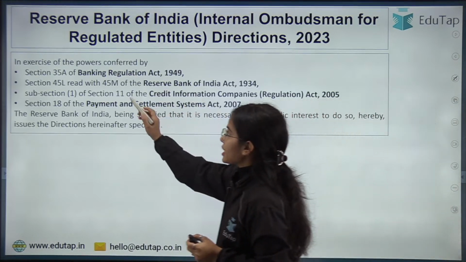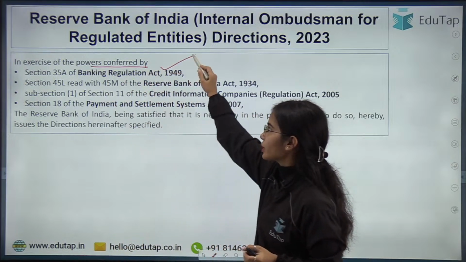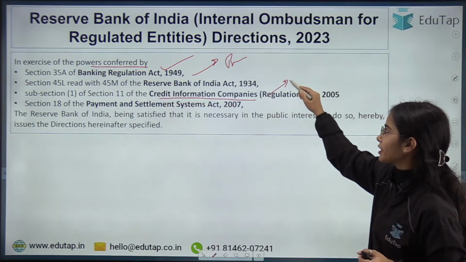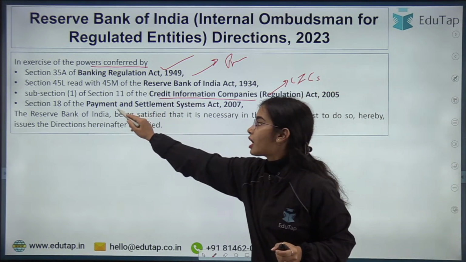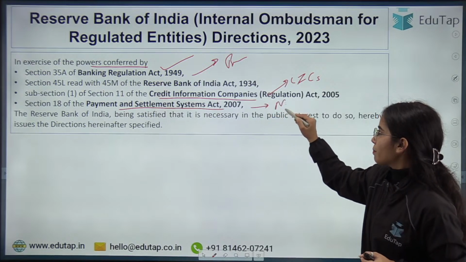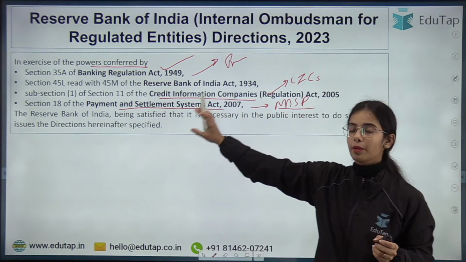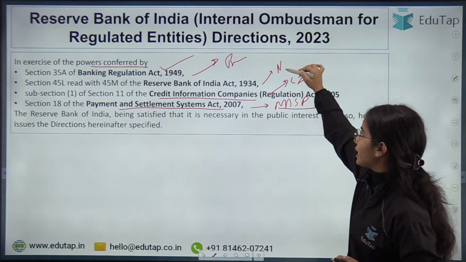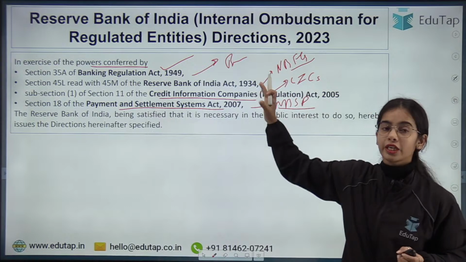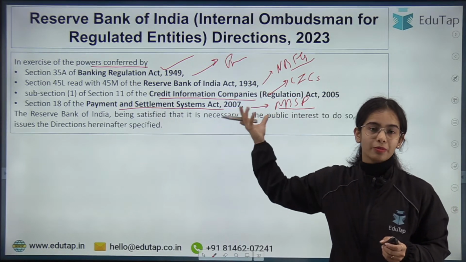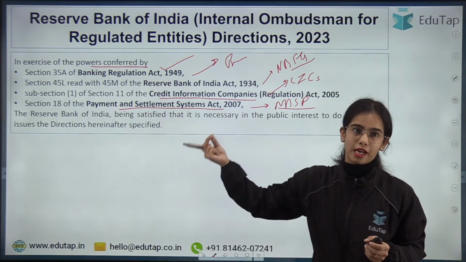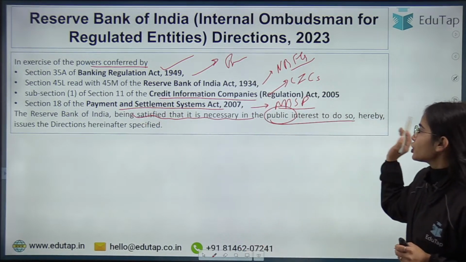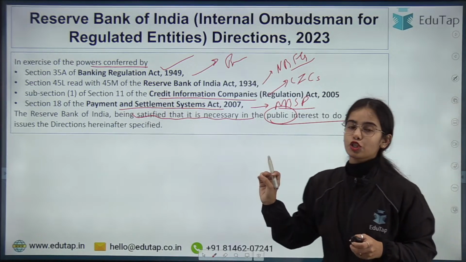In exercise of powers conferred by the Banking Regulation Act, because these directions are for the banks, for the credit information companies, for the non-bank system participants that come under the Payment and Settlement Act of 2007, and also for NBFCs, there are different acts under which the RBI has the power to make this master direction. So RBI, being satisfied that it is necessary in the public interest to do so, hereby issues the directions.